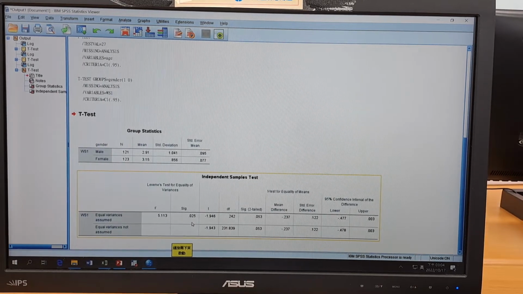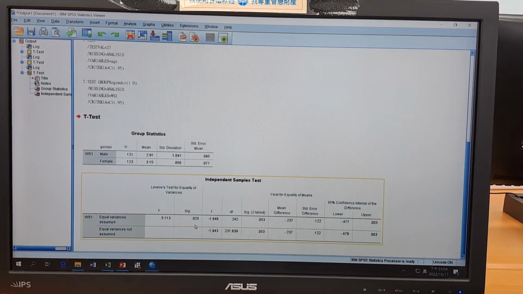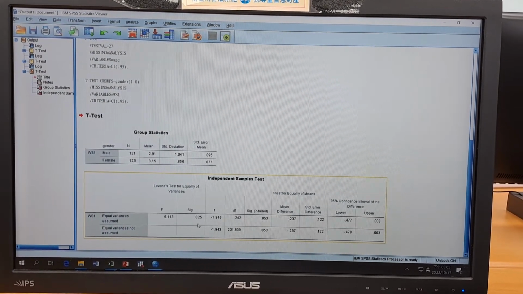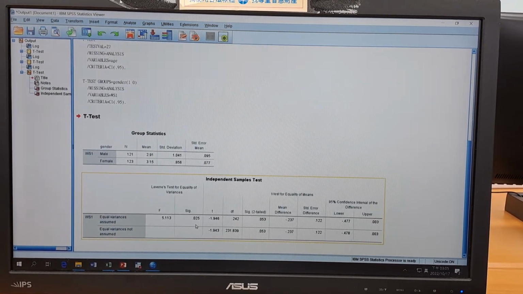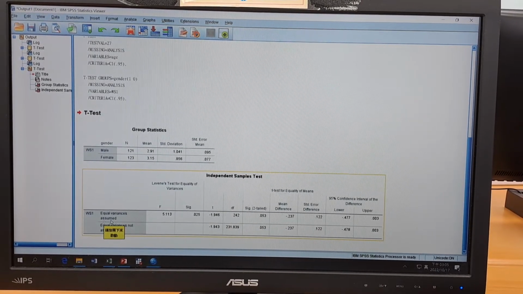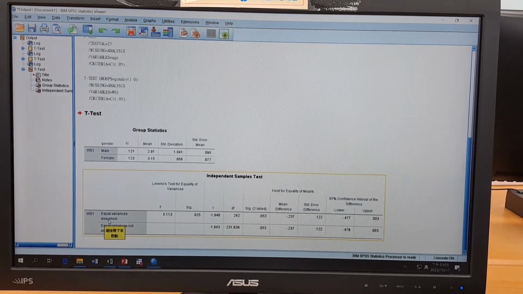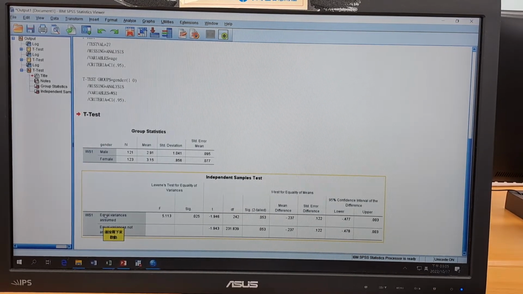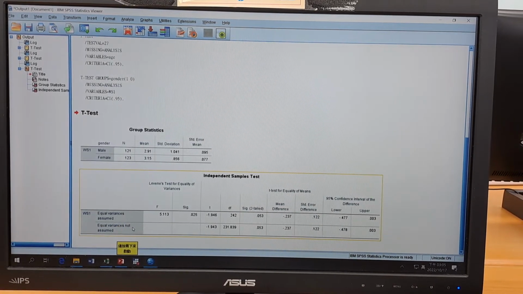If this number is significant, smaller than 0.05, it means this test violates the assumption. What is the assumption? Let's read this one: equal variances assumed. It means the assumption is that all the variances are equal. This one is violated, so we need to read the other one.